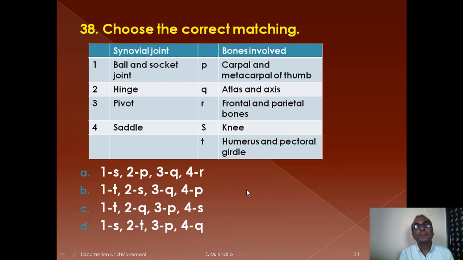So 3, pivot joint is between atlas and axis, that is correct. And 4, saddle is between the carpal and metacarpals of thumb region, right? So this is the metacarpal and this is the carpal bone here, which allows to and fro and sideways movements, up and down movements. So that's why the option is B, right option.